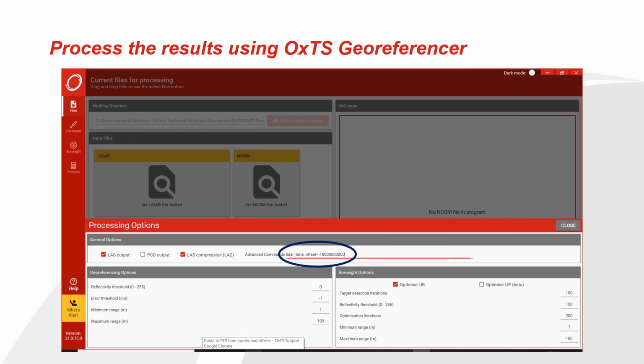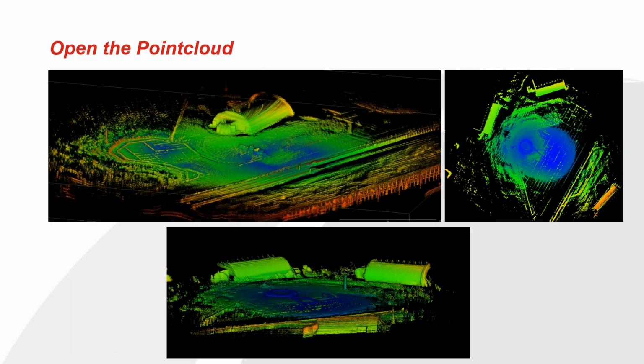If the LiDAR in this case is requiring UTC time and it hasn't used those leap seconds, then you'll just need to add a little time offset into the advanced commands section here in the processing options. And then you should be able to process a point cloud and open it up, and the results should be as shown, nice and pretty pictures, just as we were looking for.